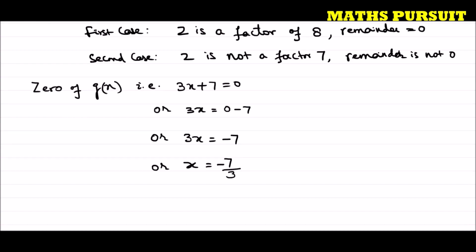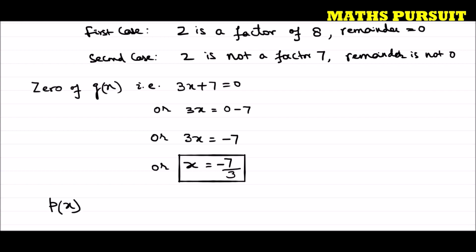So the zero of g(x), that is 3x plus 7, is minus 7 upon 3. So let us replace this with the given dividend, or the polynomial.